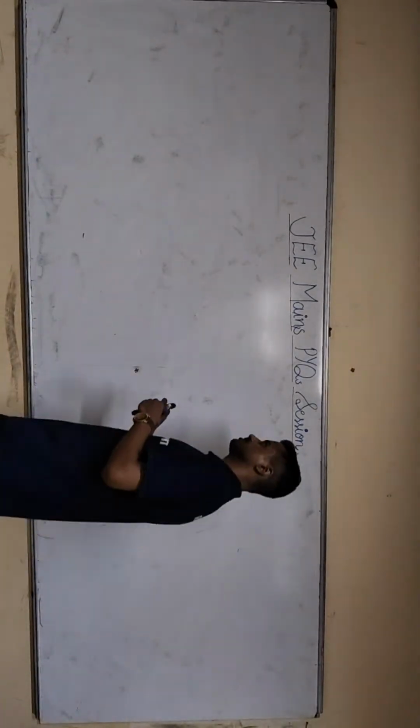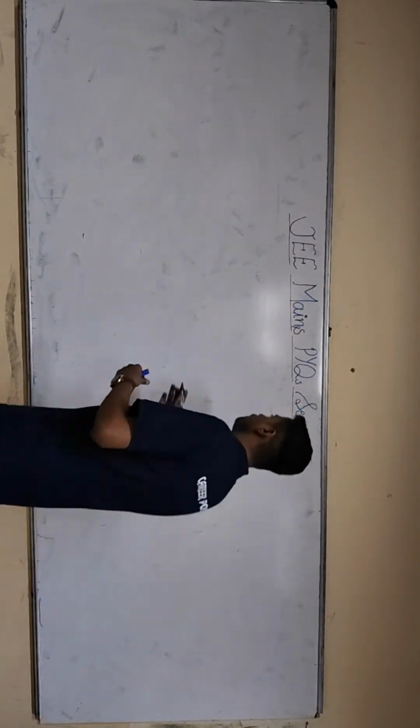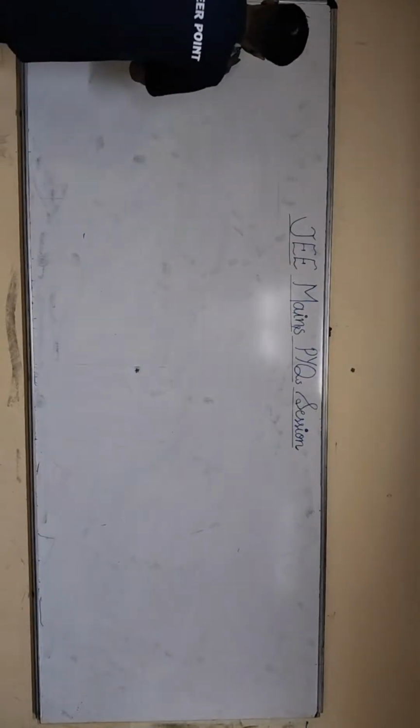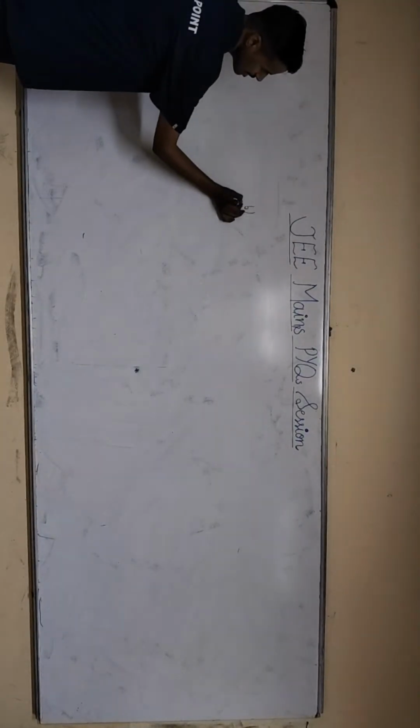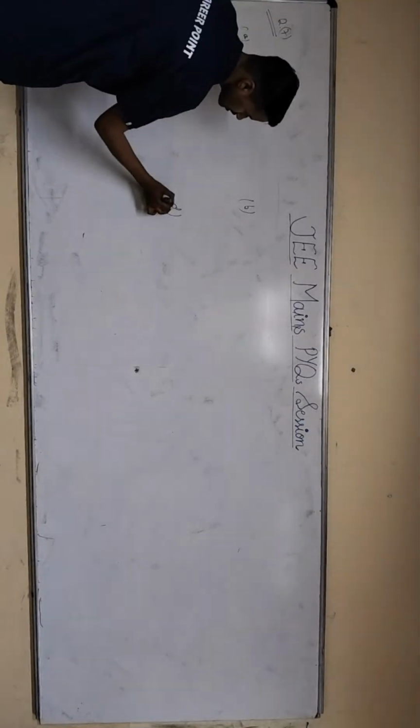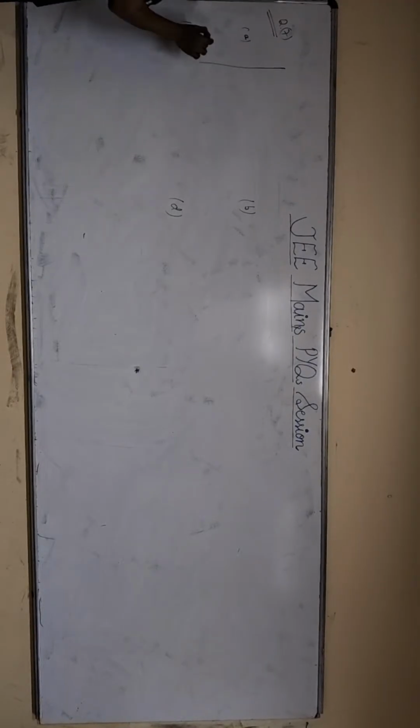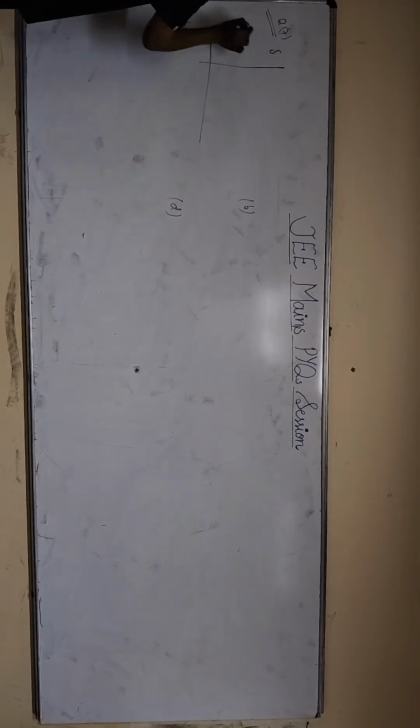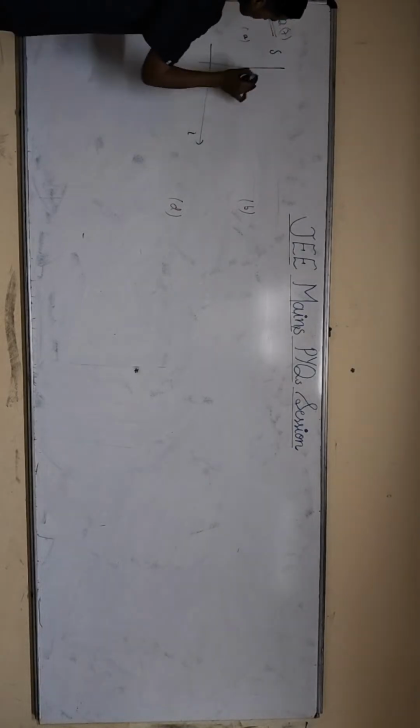There are four options, A, B, C and D. This is the angle of deviation, this is the angle of incidence.